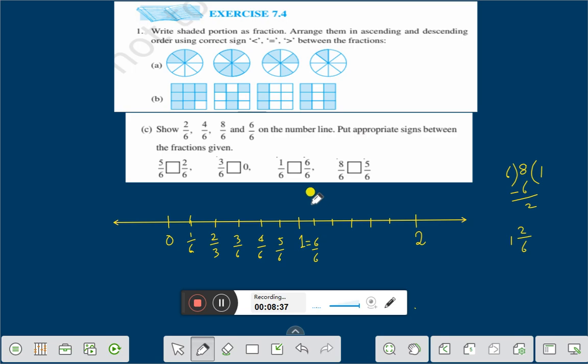In 1 by 1 and 2 it is 1 by 6. It is 2 by 6, not 3.